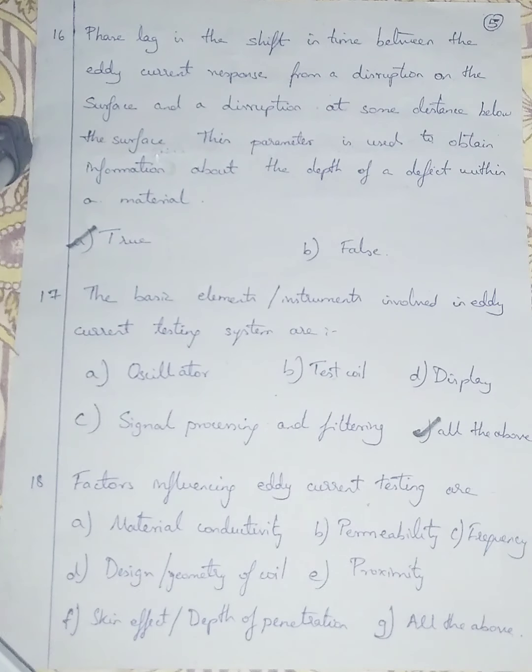Then only a current will be induced in the material. That induced current is called eddy current. So proximity definitely comes into play. Option F, skin effect, that is the depth of penetration, determines the ability of the eddy current. So all these factors influence the eddy current directly. So I'm going with option number G, all the above.